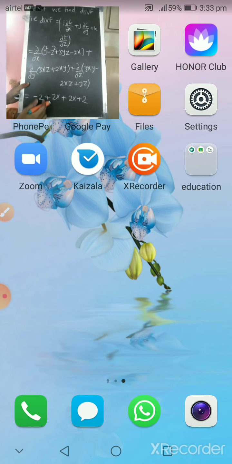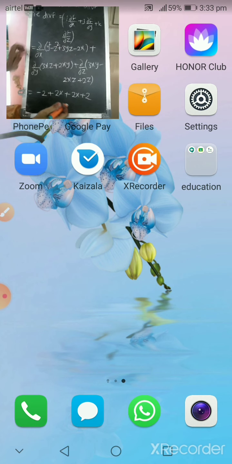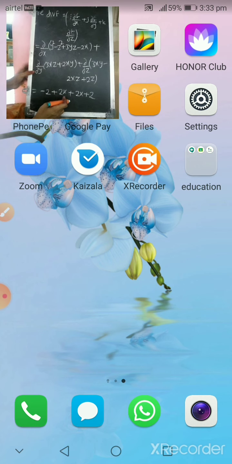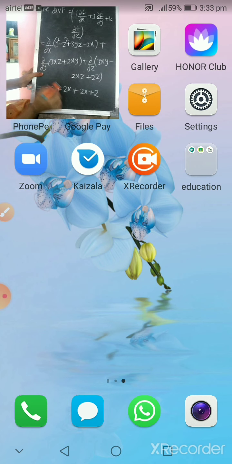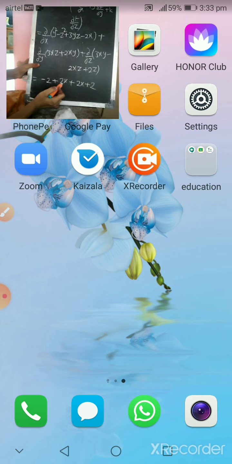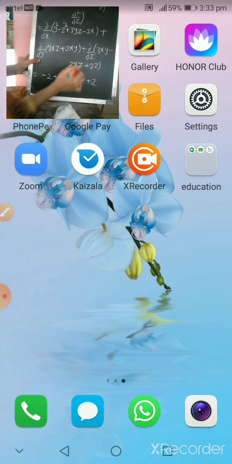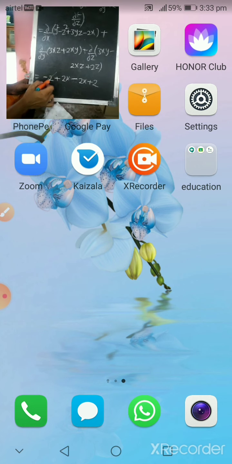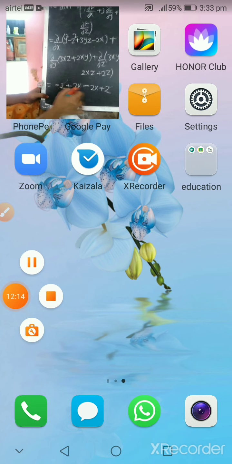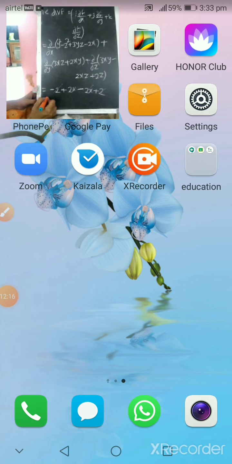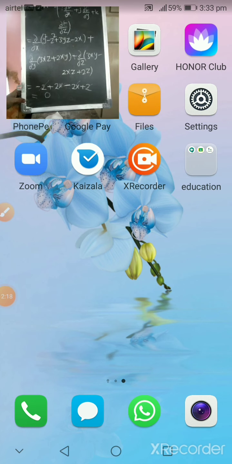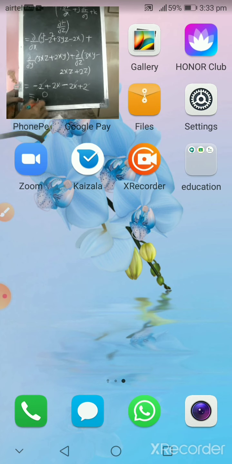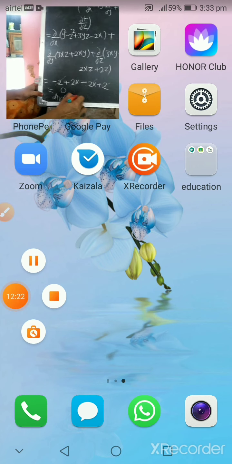So here minus 2 and plus 2, and plus 2x and minus 2x, cancel. So the value is 0.